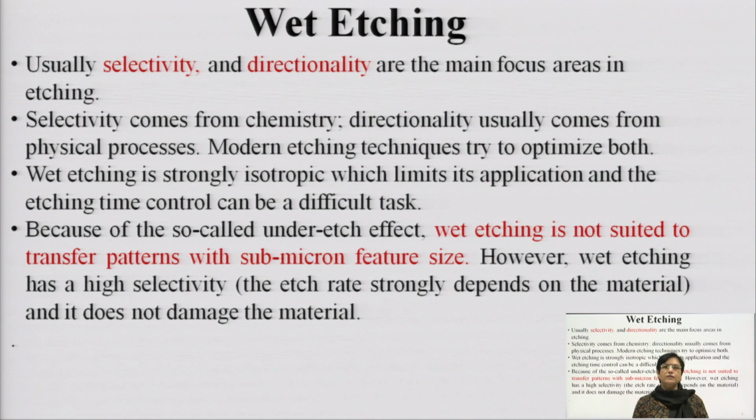Because of this property, you do not have uniform etching, or whatever etch rate is there in the vertical direction as well as in the horizontal direction, you may not get that same etch rate, and that can lead to complications that need to be tackled in a proper way. Therefore, wet etching is quite challenging at times.